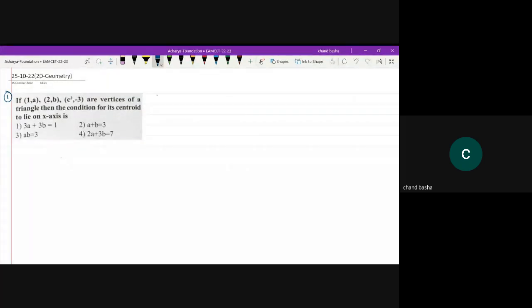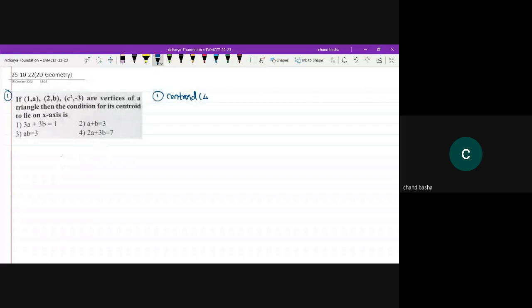First, we need to find the centroid of triangle ABC. Here, even the x coordinate is not required for us. On the x-axis, the y value is equal to 0.